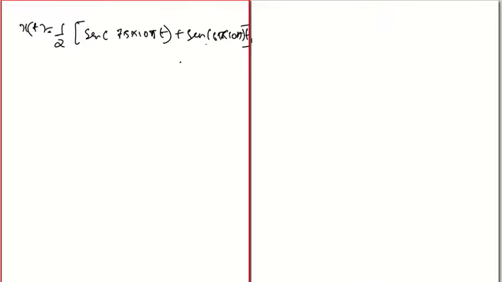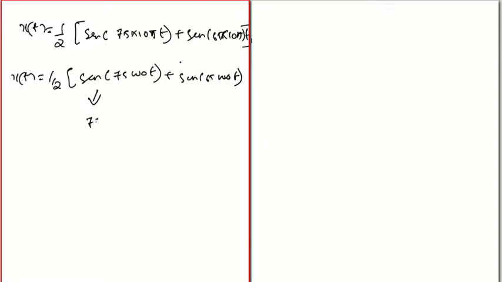So I can write it like this: x of t equal to half into sine 75 omega 0 t plus sine 65 omega 0 t. So this is actually the 75th harmonic, and this is the 65th harmonic, and it is asked in the question to find out the positive harmonic only, the positive coefficient.